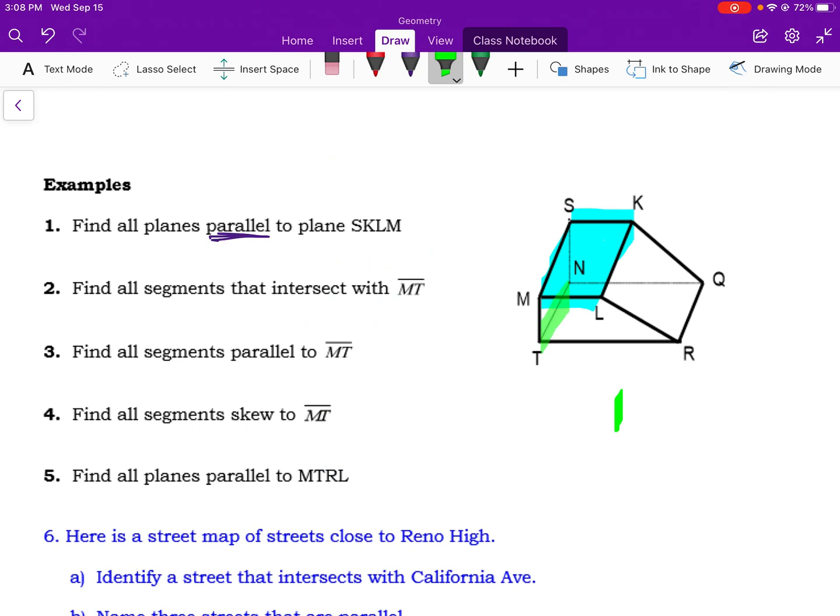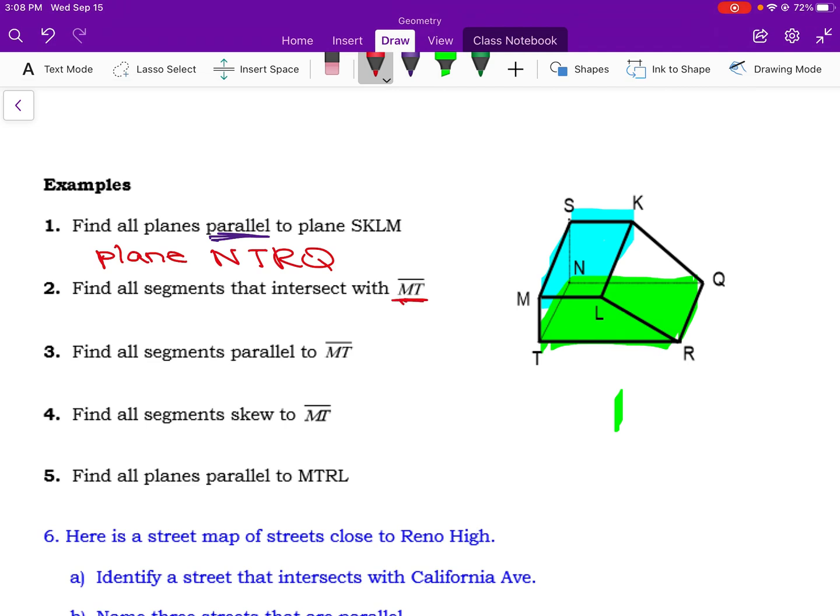It would be this one down below, kind of the ceiling and the floor. The floor and the ceiling are going to be parallel to one another. So we can go ahead and say that plane NTRQ is parallel to plane SKLM.